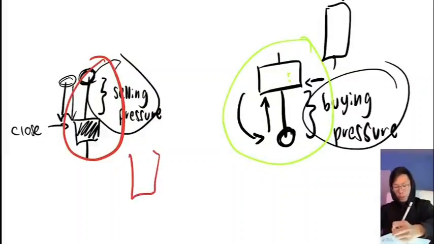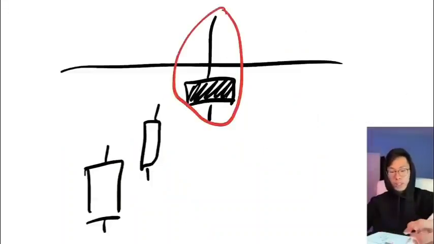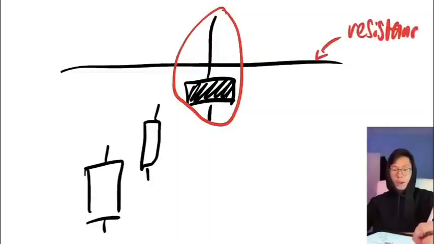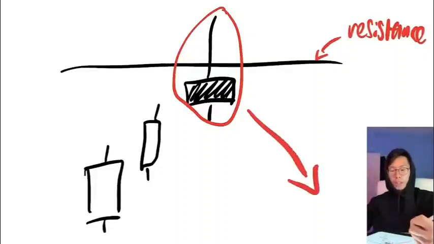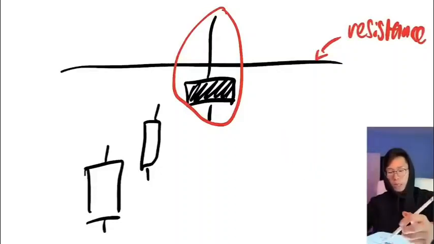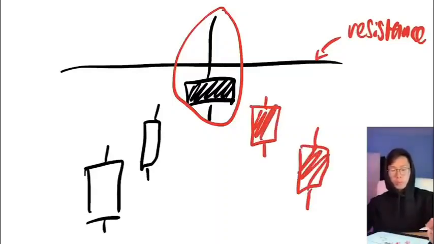So the next candlestick could be some sort of red candlestick pushing the price all the way down. For example, when you see this candlestick at a resistance area, what does it mean guys? It means sellers are coming into this market and pushing the price down. So we should enter for a sell. And after we enter for a sell, you should see some red candlesticks being formed right here, like this, pushing the price all the way down.